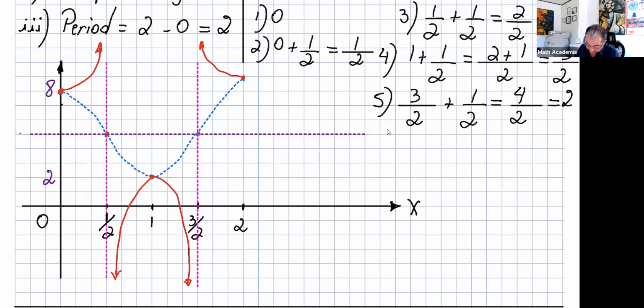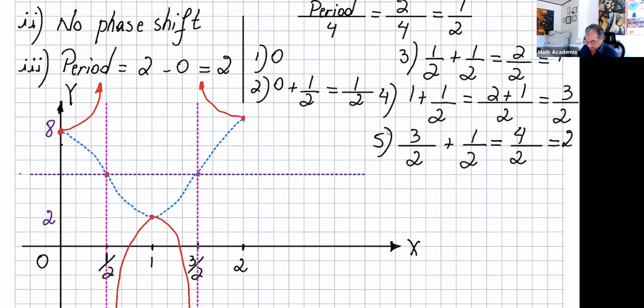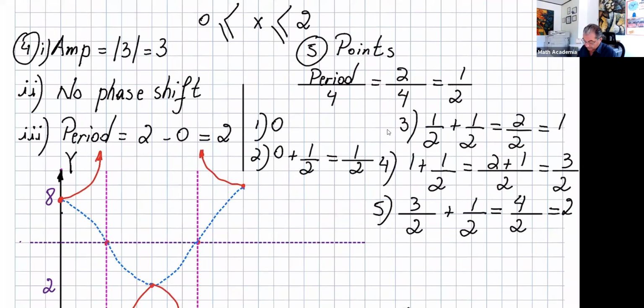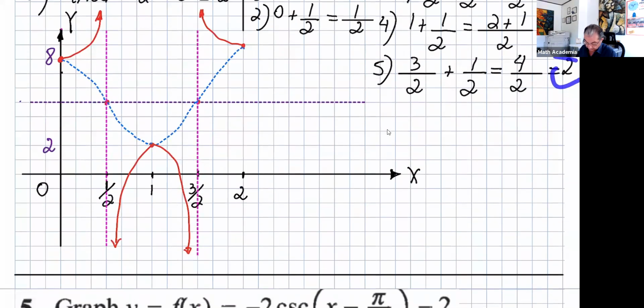So that's x, that's y. The points, you place them, and by now I think you know how to do that. The first point is 0, then it's 1/2, then it's 1, 3 over 2, and 2.